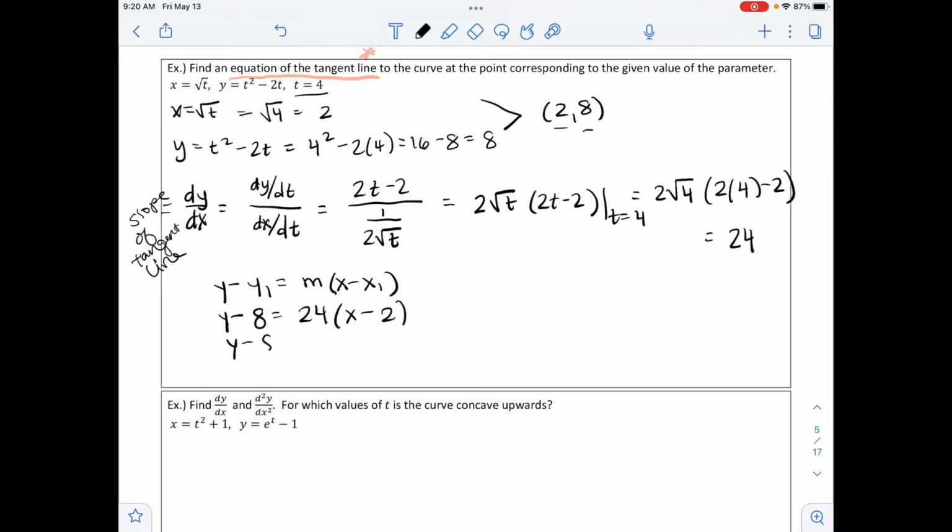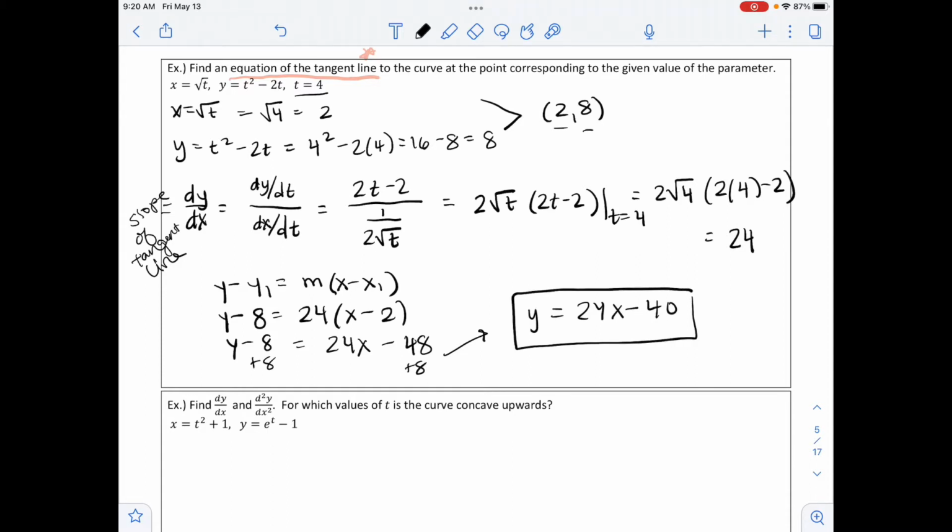We have y minus 8 equals 24x minus 48. Then simplifying from here by adding 8 to get y isolated, we have y equals 24x minus 40. And so this is the equation of the tangent line to our curve when t is equal to 4.